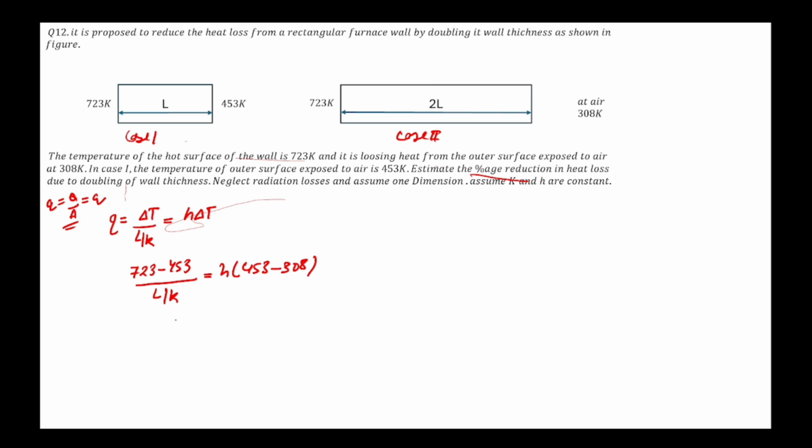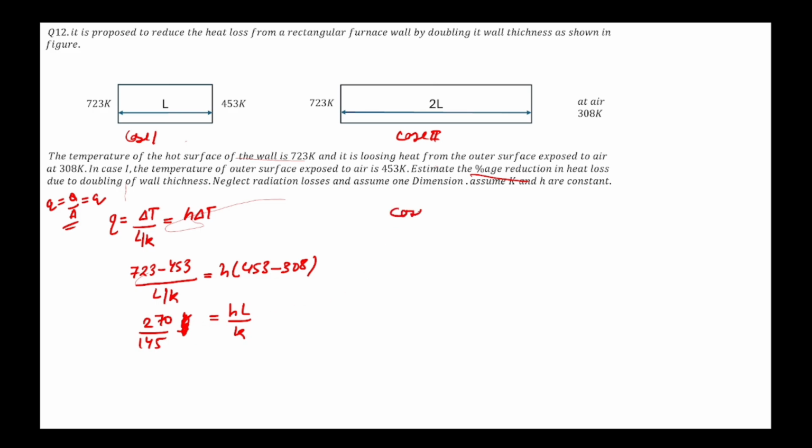So this is case 1. From here hL upon K will come: 270 by 145.